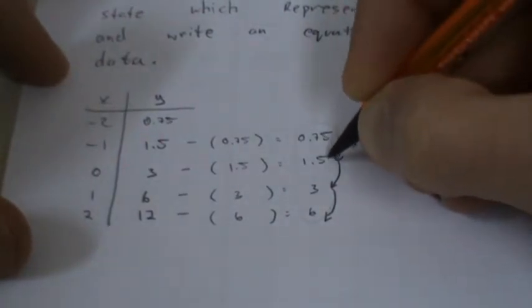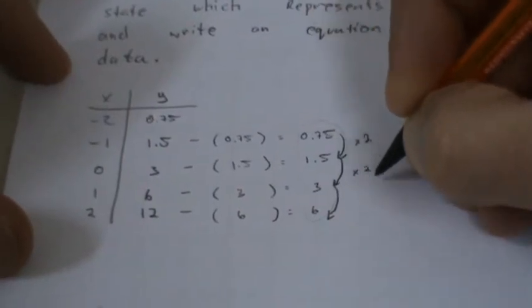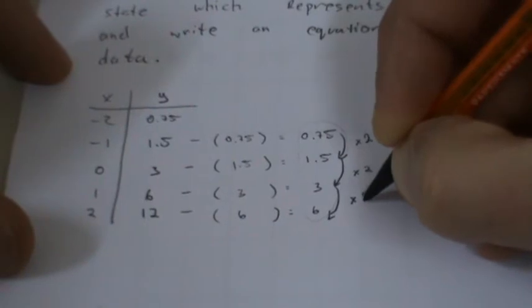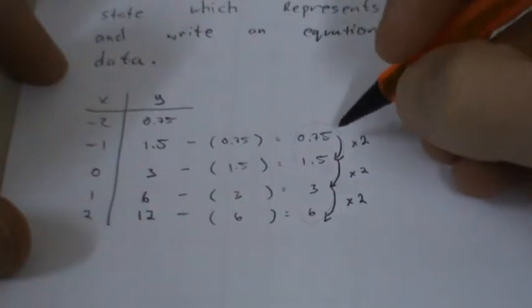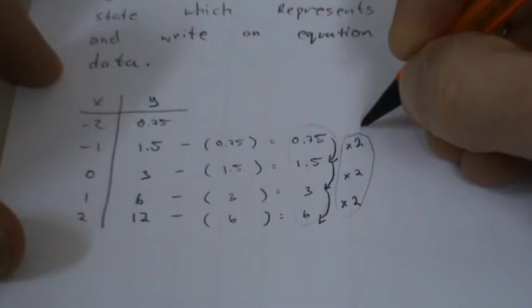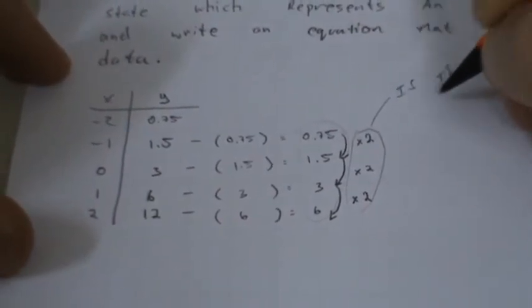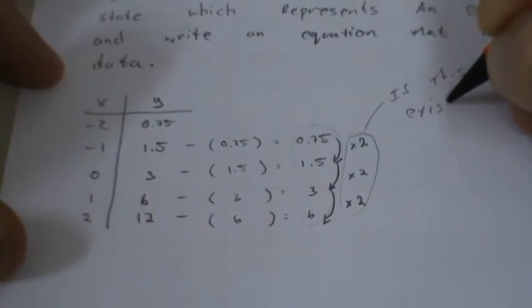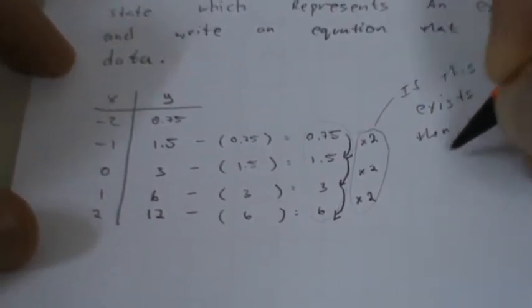If I take this and multiply it by 2, I get this. If I multiply by 2 again, and then multiply by 2 again, then since this pattern exists, it's exponential.